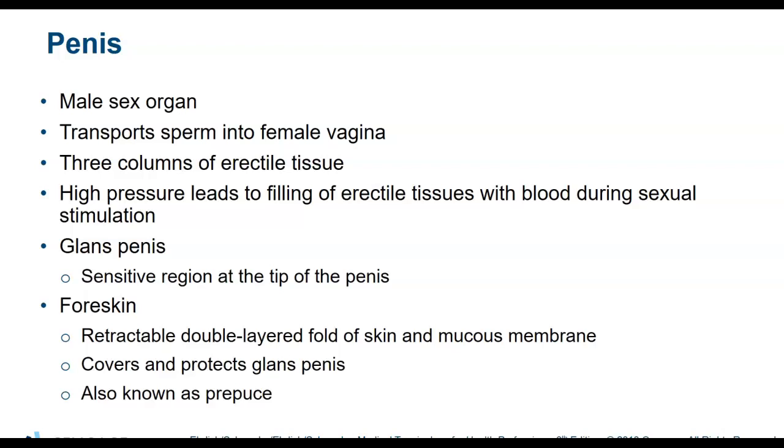And the foreskin is actually a retractable double layer of skin that covers and protects the glans penis. It's also known as prepuce, and this is one of the things when an infant boy is circumcised, they are removing the foreskin.